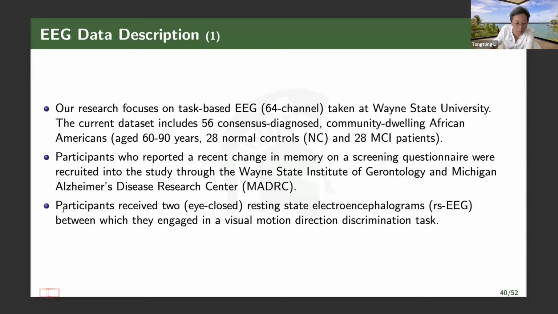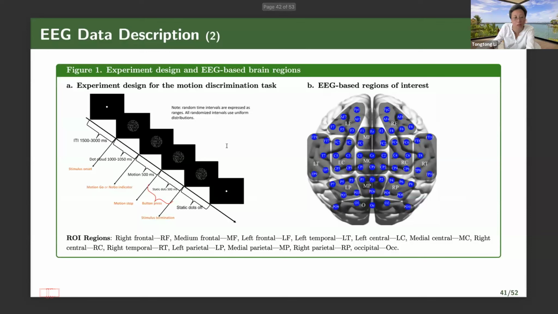And the participants received 2 eye-closed resting state EEG, and between which they were engaged in a visual motion direction discrimination task. It looked like this. So first is the dot cloud showing their stimulus onset.